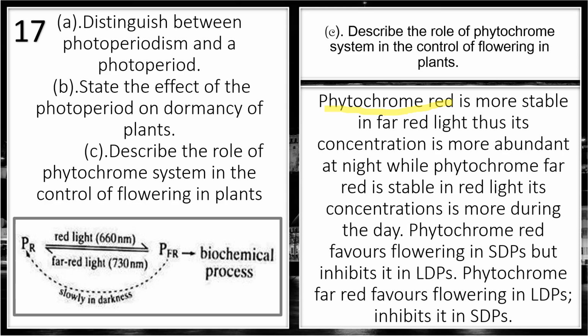Phytochrome red is more stable in far red light. Thus, its concentration is more abundant at night.